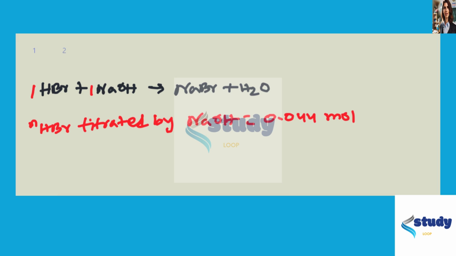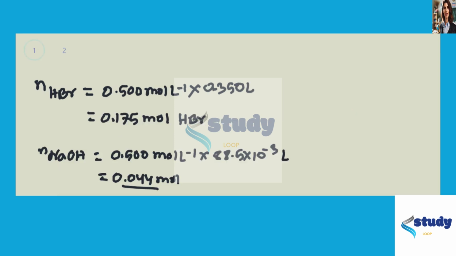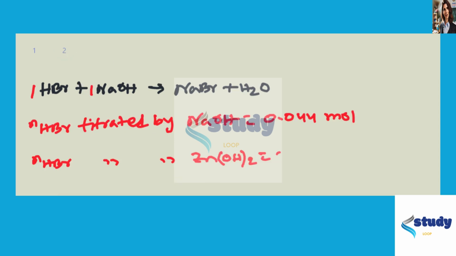Now we have to find out the number of moles of HBr which was titrated by the zinc hydroxide. So the number of moles of HBr titrated by zinc hydroxide will be equal to the original number of moles of HBr, which is 0.175 mole, minus the number of moles of HBr titrated by sodium hydroxide, which is 0.044 mole, and this will give us a value of 0.131 mole.